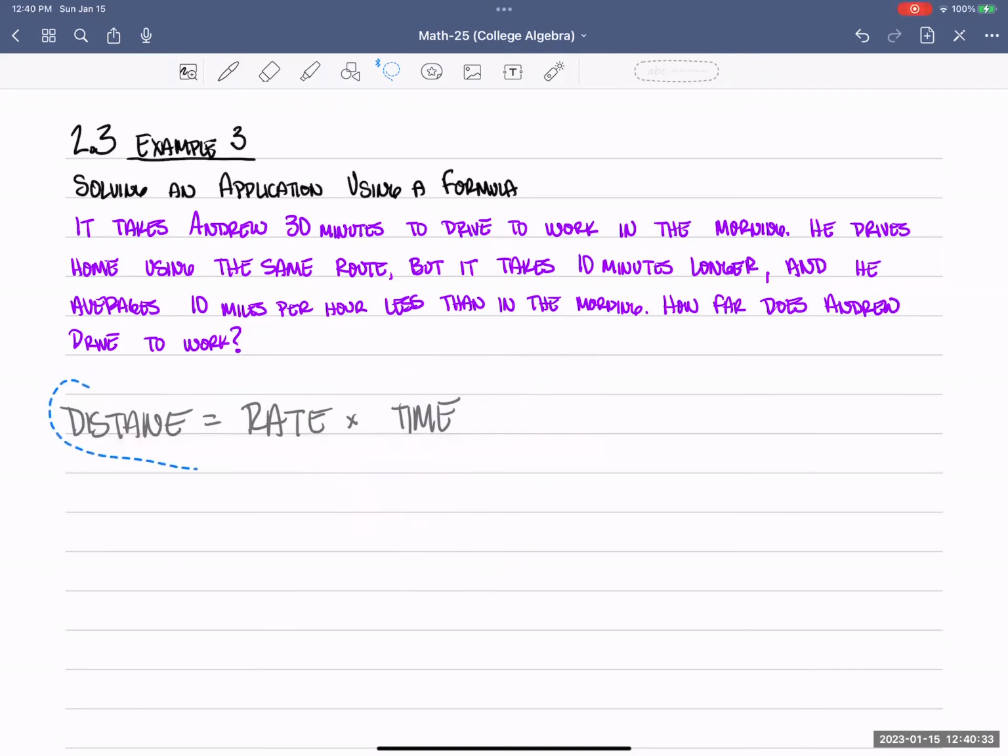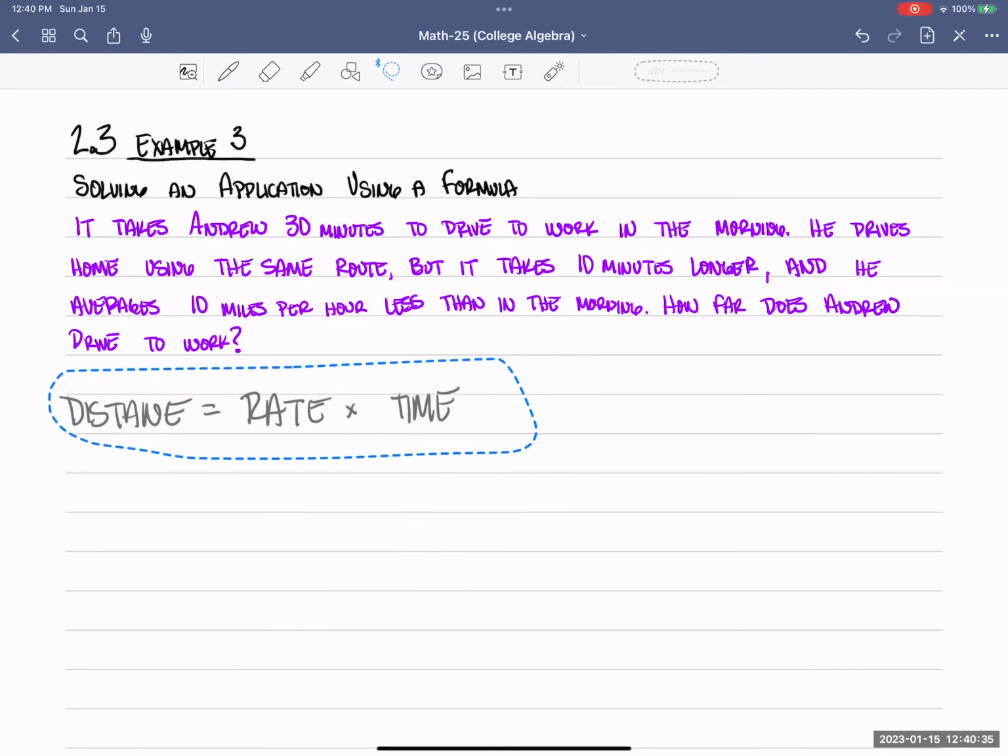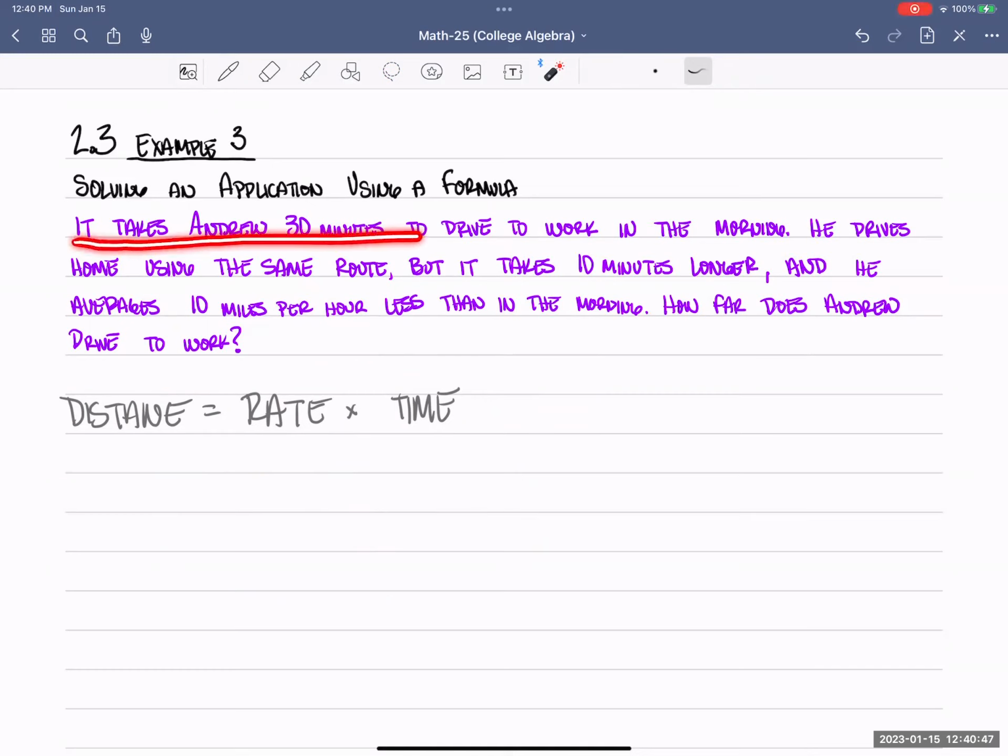So we could throw all of this into a table to make it a little bit easier for us to see, and hopefully that helps. It looks like there are two parts of the equation: our to work part and our from work part. He drives home, so from home to work, work to home.